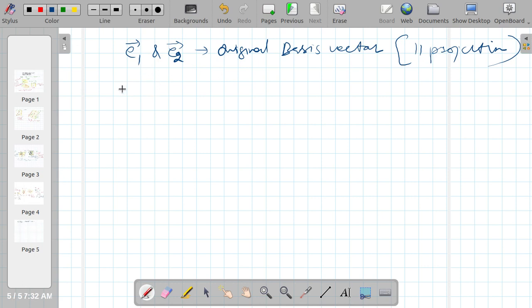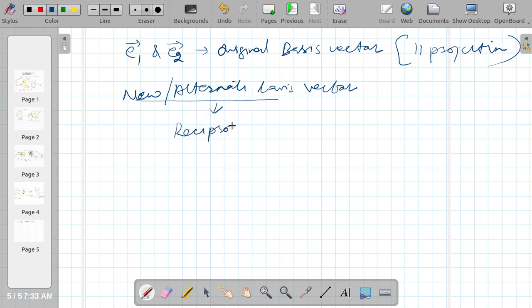Now I will define a new or alternate basis vector, and we call these reciprocal or dual vectors.